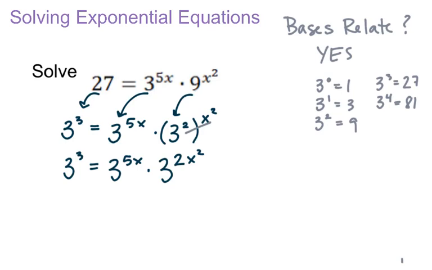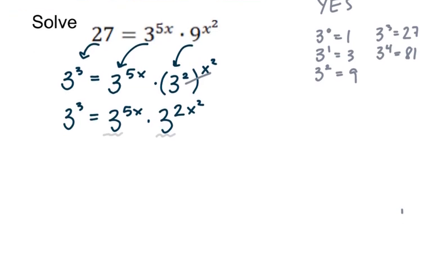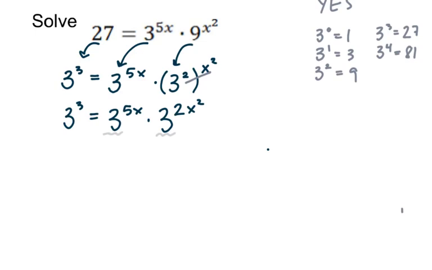Now, on the right side of my equation here, I have two bases multiplied, and when we are multiplying two expressions of the same base, we can add those exponents. So I have 3 cubed equals 3 to the 5x plus 2x squared.